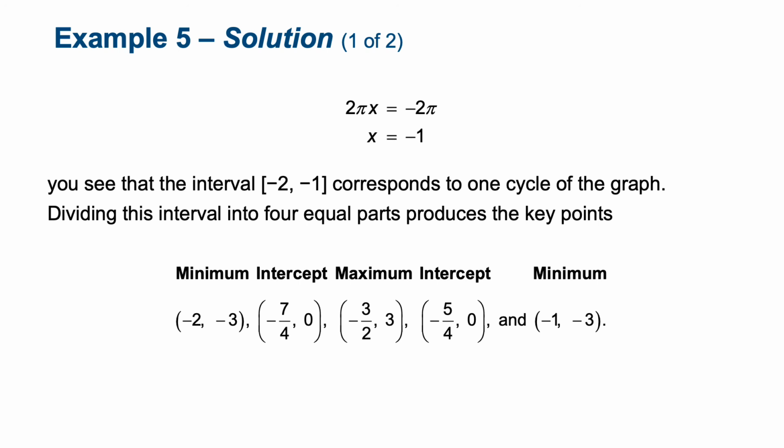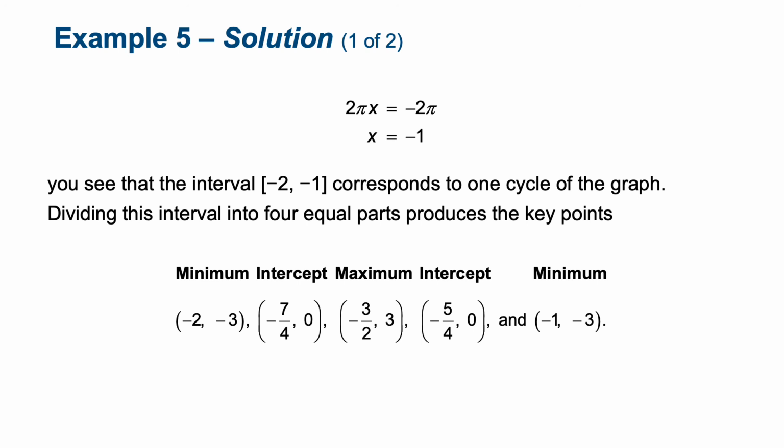If we split this into four parts, the space between these two is 1, so each part is 1/4. Negative 2 plus 1/4 gives me negative 7 over 4. Adding 1/4 to this, I get negative 6/4, or negative 3 halves. Adding 1/4 to that, I get negative 5 over 4. And adding 1/4 again, I get back to negative 1, which is what I want.